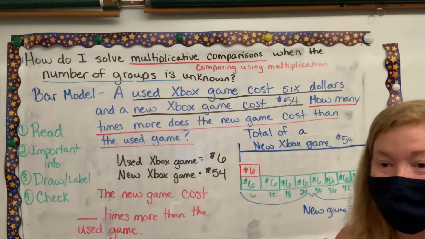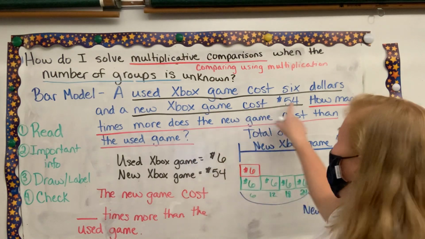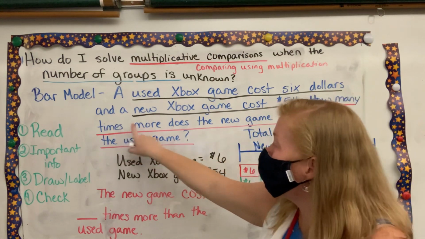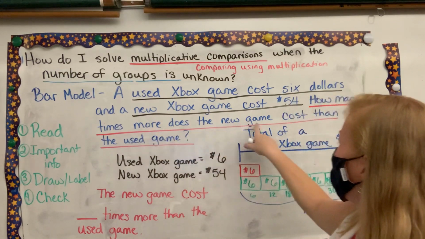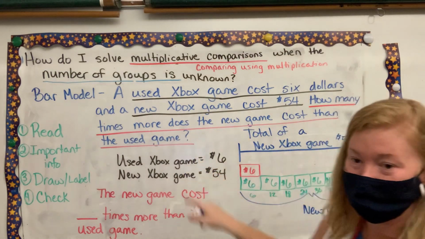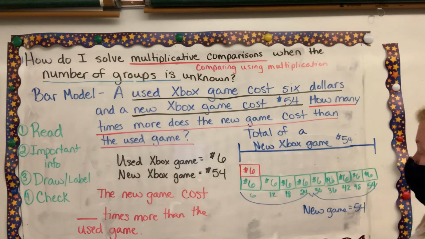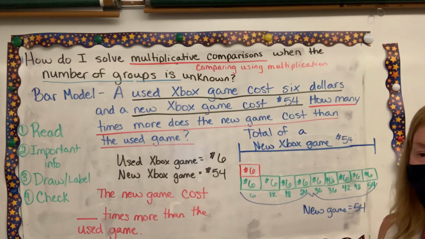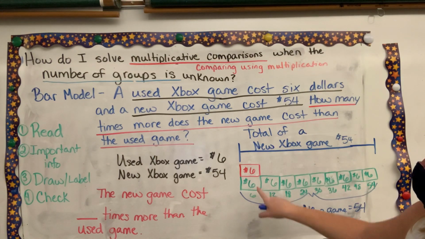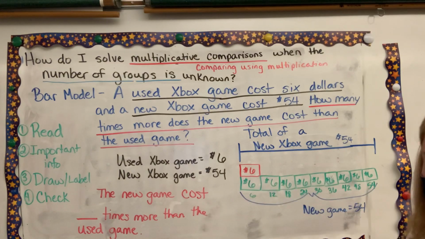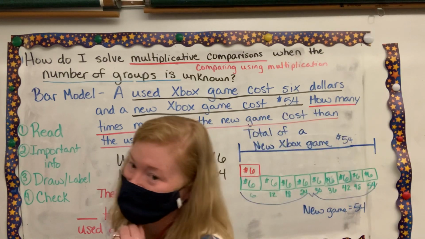But my question is asking, how many times more does the new game cost than the used game? How many times more? When I look at my model, how many more times did I write 6 for the new game than the used game? How many times more?